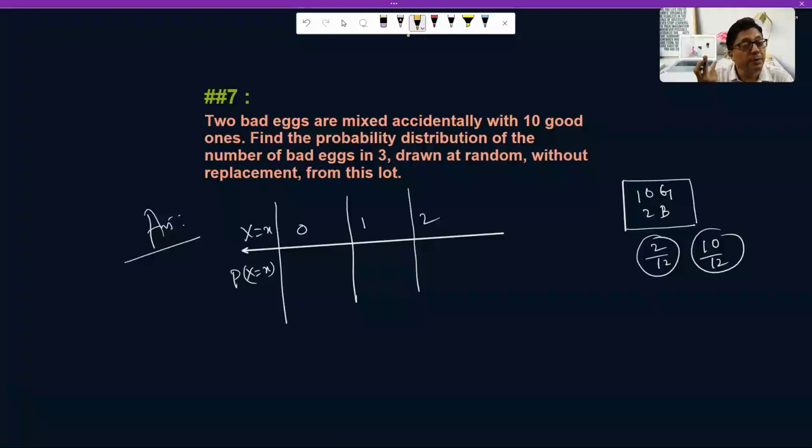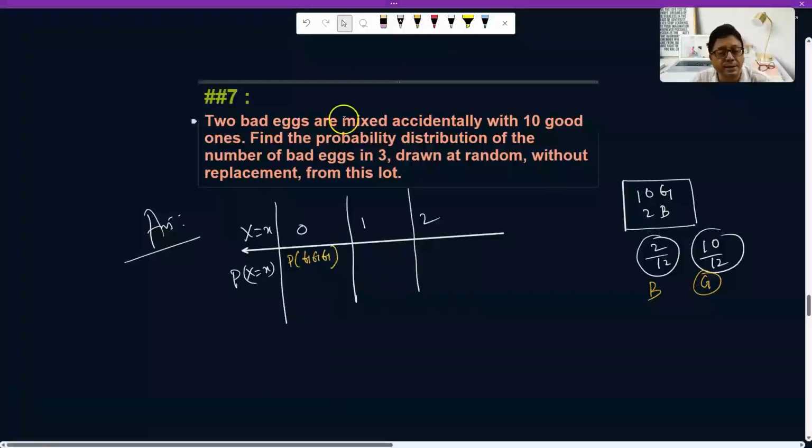0 bad eggs, no bad egg is there. So what will be the probability? 3 trials you have to do. First one is good one, this is for good one, and this is for bad one. So we are going to find the probability of good, good and good.